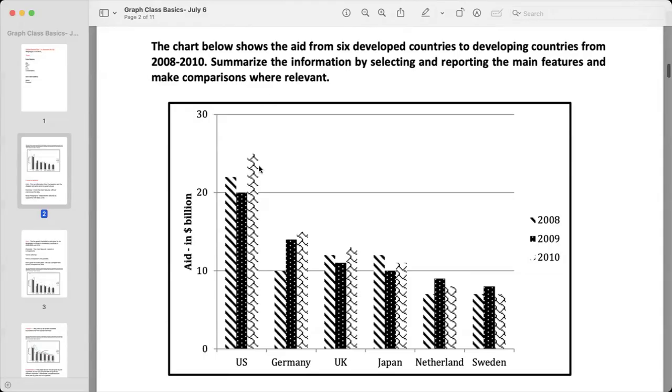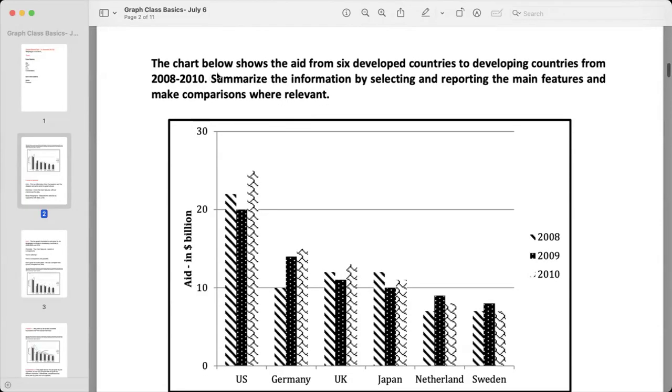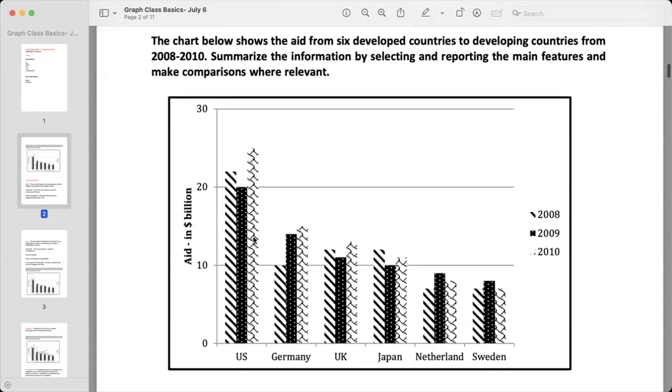Okay, so this is the graph, a bar graph. If you look at it, what does it say? The chart below shows the aid from 6 developed countries to developing countries from 2008 to 2010. So you can see this graph is showing the aid in billions of dollars. And these countries, US, Germany, UK, Japan, Netherlands, and Sweden, they're giving the aid in 3 years.